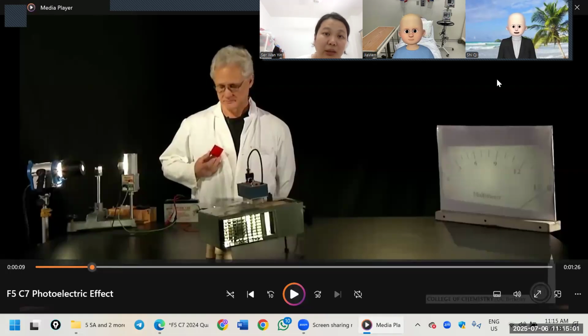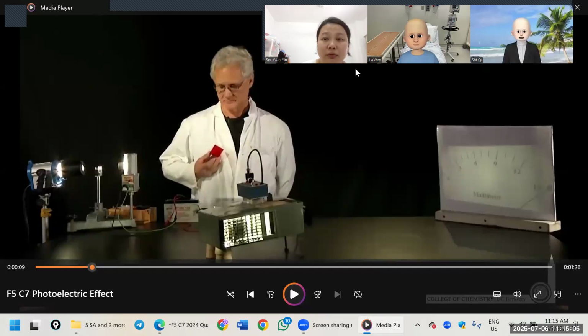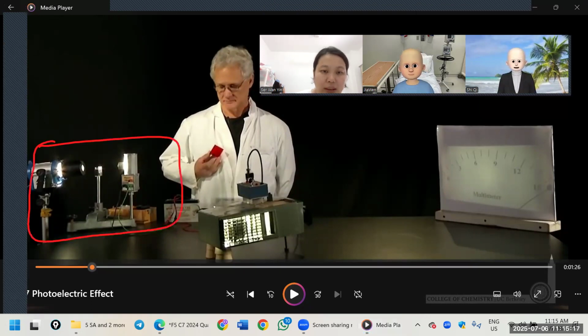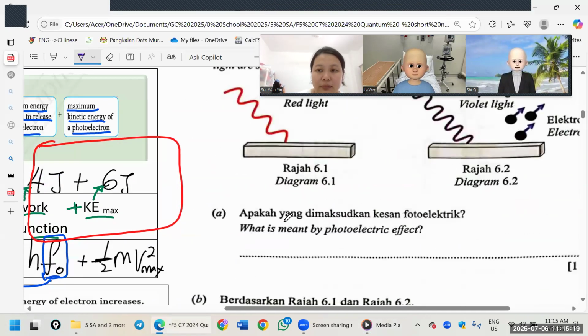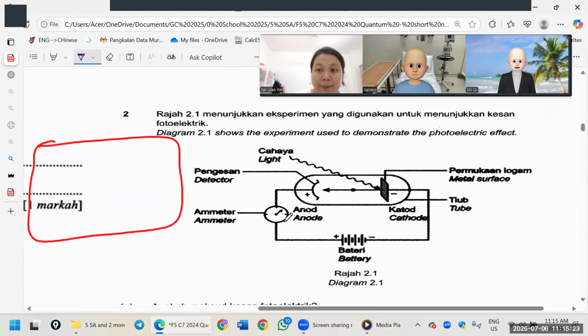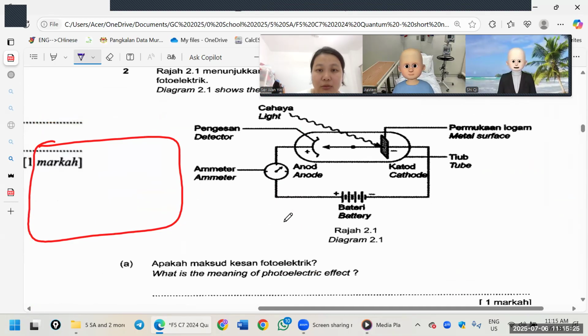White light means we have 7 colors, so maximum got UV. You can see this is the milliammeter. By the way, this is called a photocell. Photocell, which you can see around here.